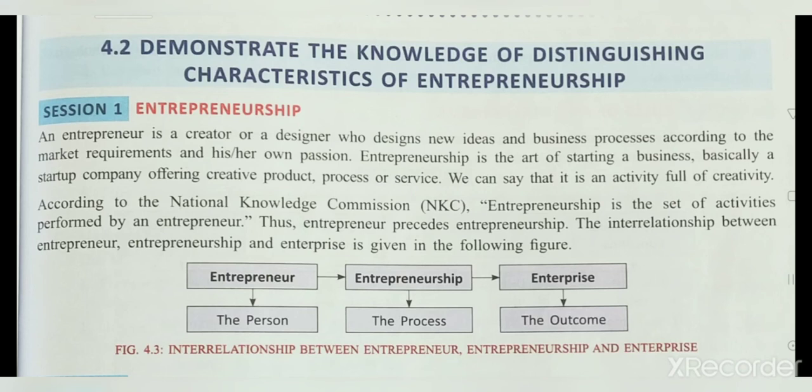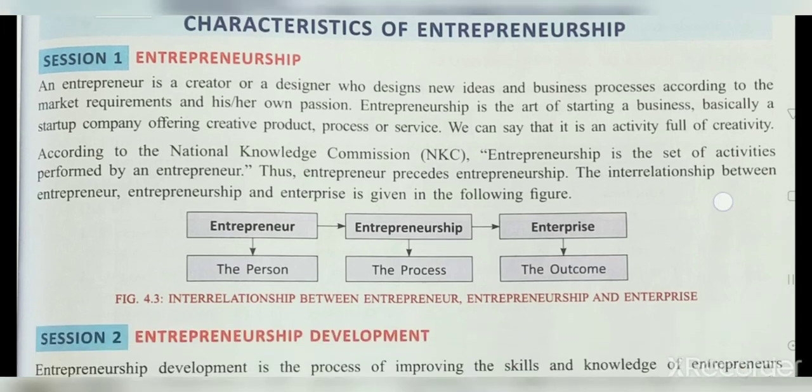The entrepreneur is a person, we know that. Entrepreneurship is the process and the enterprise is the outcome. A person has his own thoughts, and when he implements them, we call it a process, and at last we get an enterprise, which is our outcome.